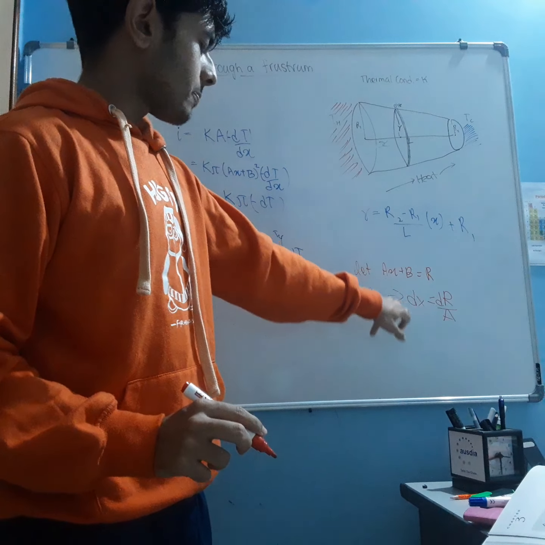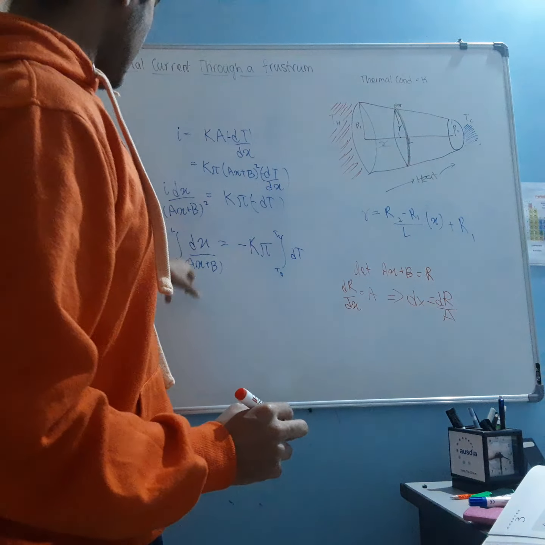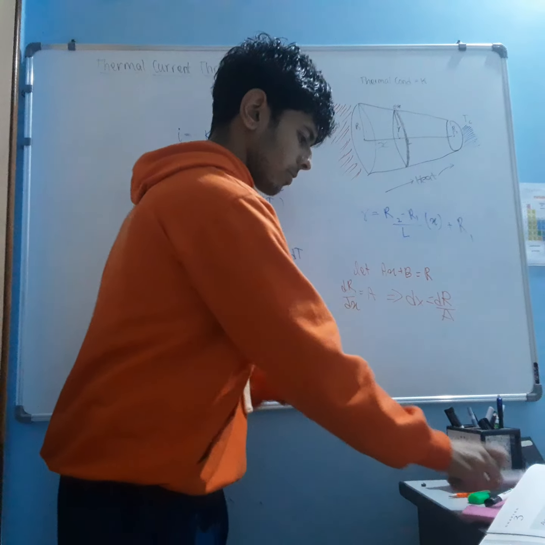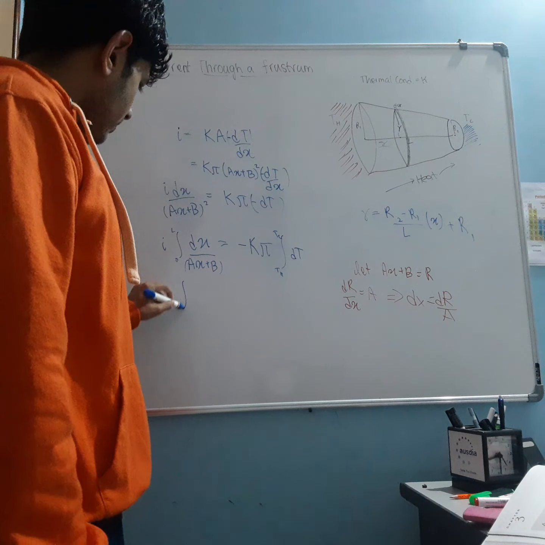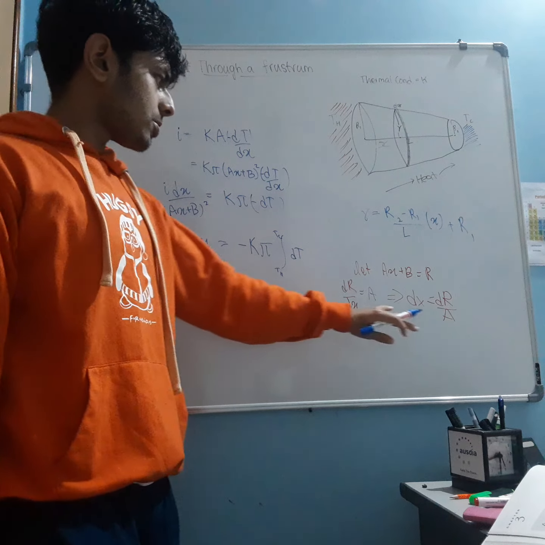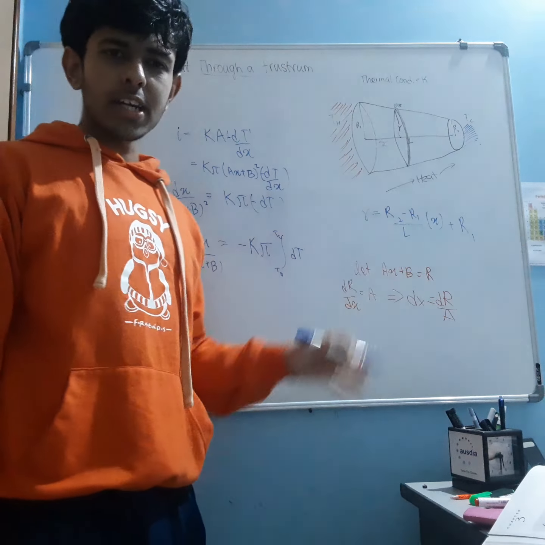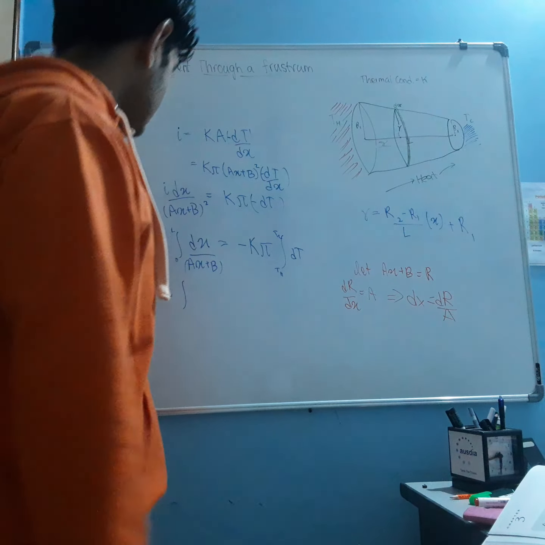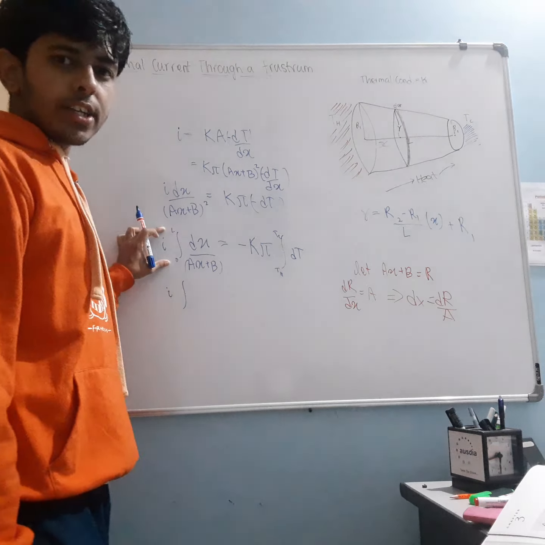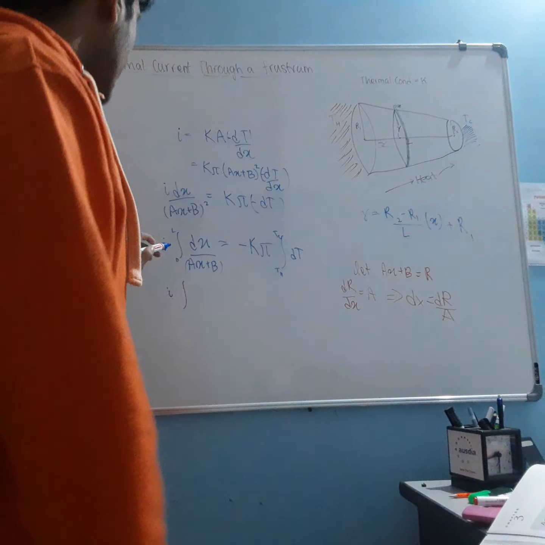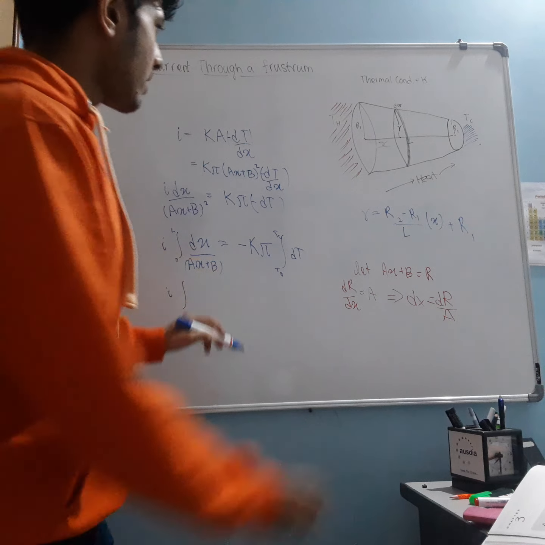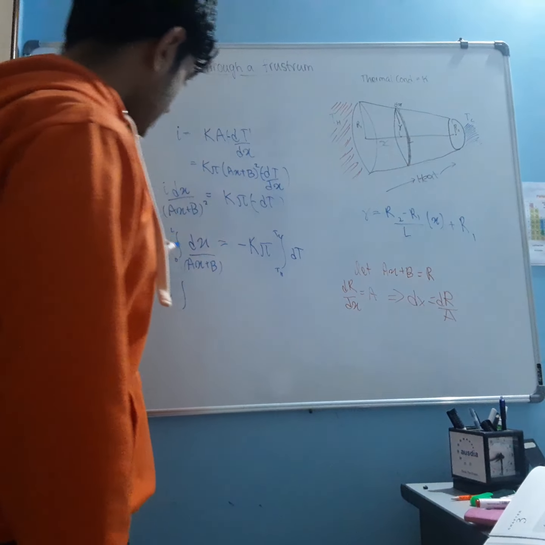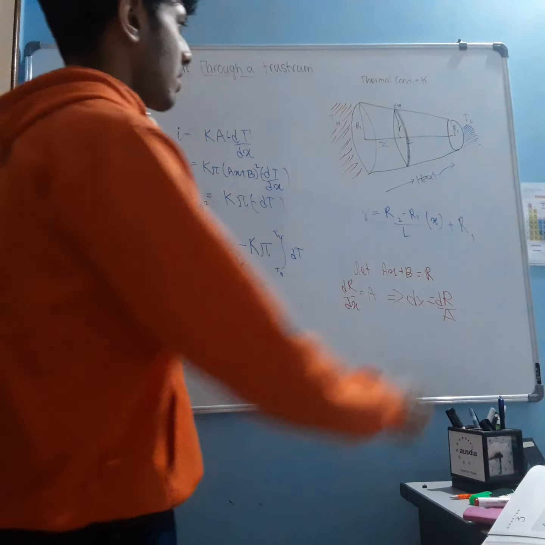So I can substitute this into the original equation. Since I've substituted ax plus b into r, we have to change the integrating limits accordingly. At 0, when I substitute 0 into this, I get R1, and when I substitute L into this equation, I get R2.